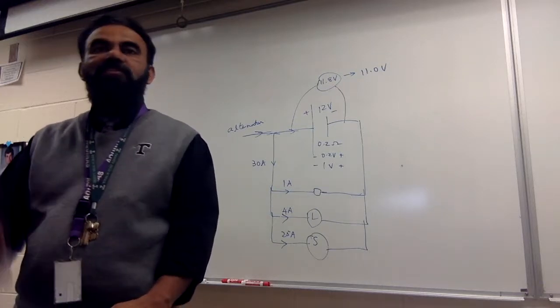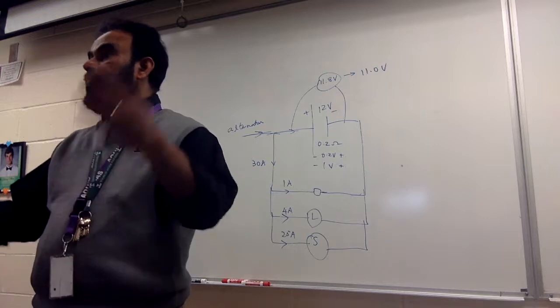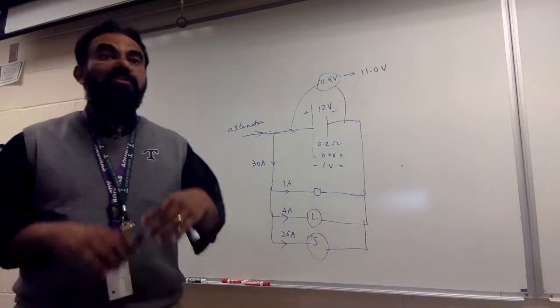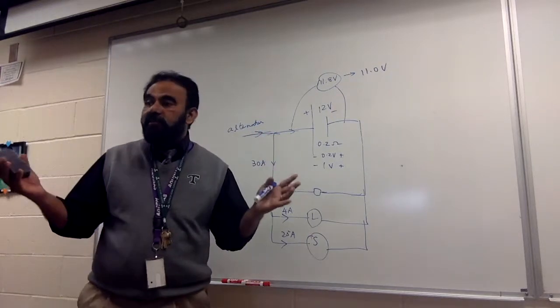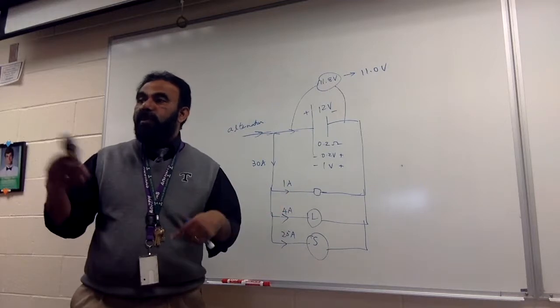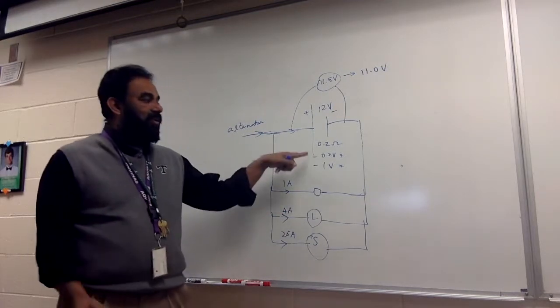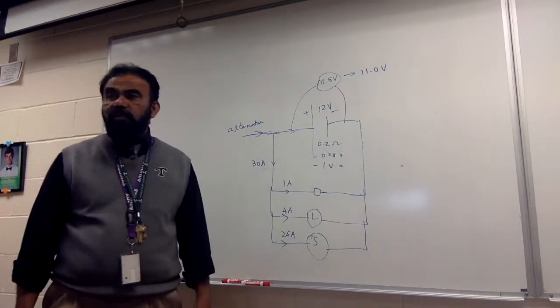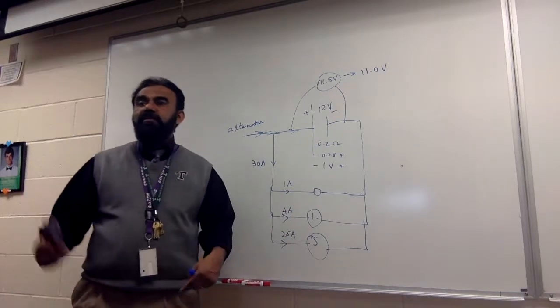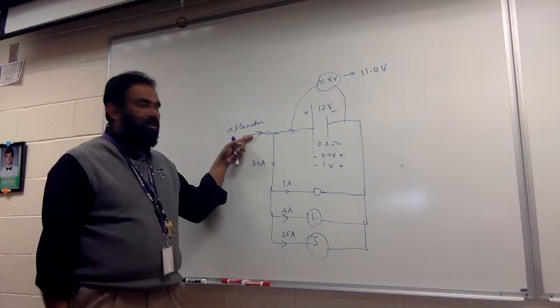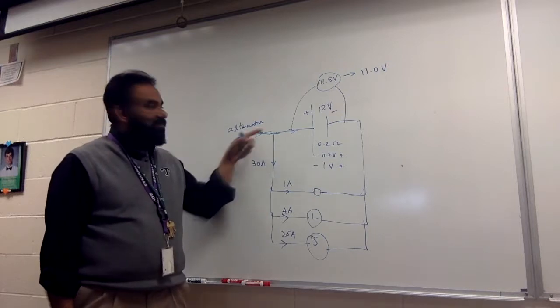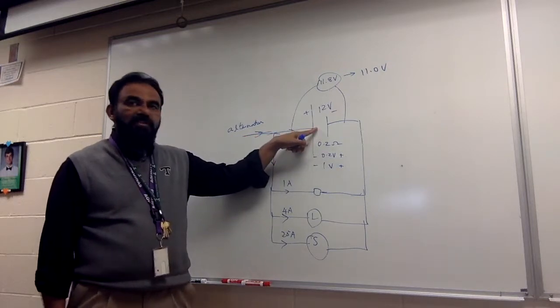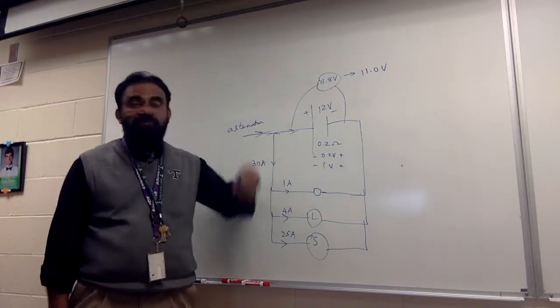But as soon as the engine kicks on, the alternator is on, and the lights come back. In fact, lights are brighter. Lights should be brighter than when your car is on battery alone. Why are the lights brighter? Because when the alternator is working now, the potential difference across here is going to be higher than 12, right?